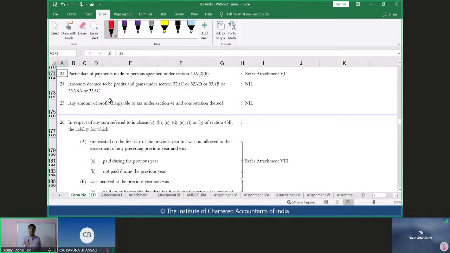Yeah, because some of the reversals which might have taken place could have been adjusted by the entity against the expenses of the current year.